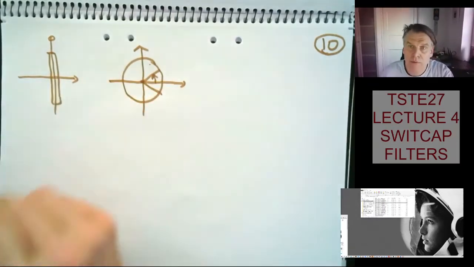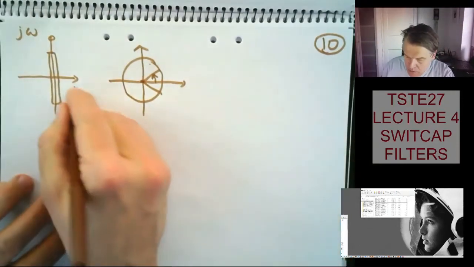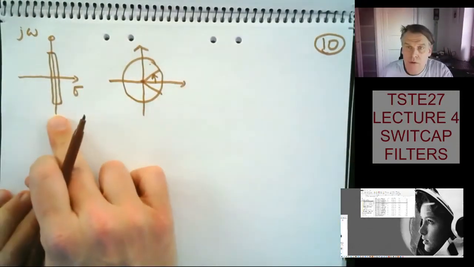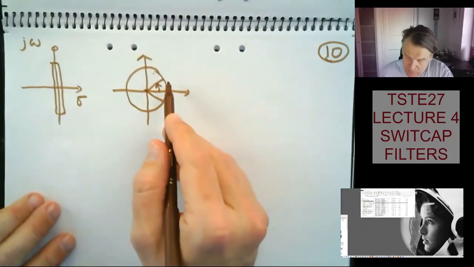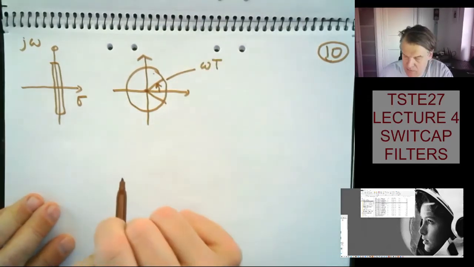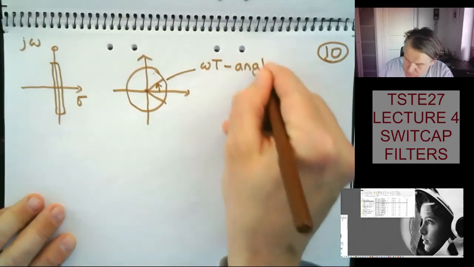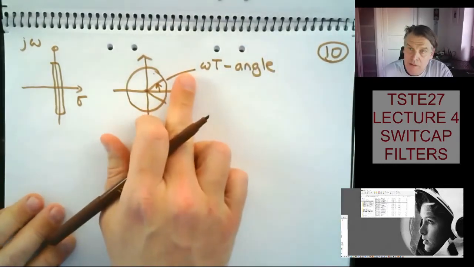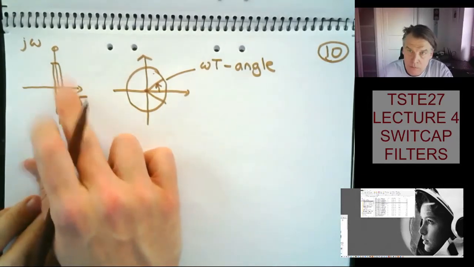That's going to map on my omega axis in my continuous time domain and my discrete time domain. So you just have to select something, my angle being omega t. Here, my angle in my discrete time domain has to represent a certain frequency in my frequency domain.